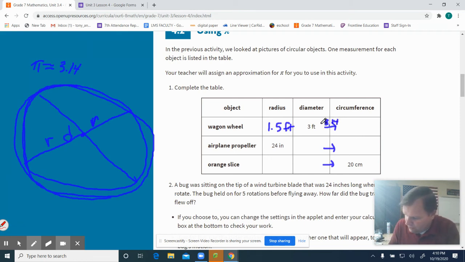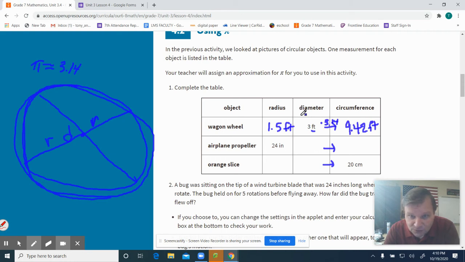If I do 3.14 times that 3, that's going to give me 9.42, 9 and 42 hundredths. And that's feet. Circumference is a linear unit. That means it's a straight line. You're just going to use the regular unit of measurement that you see.